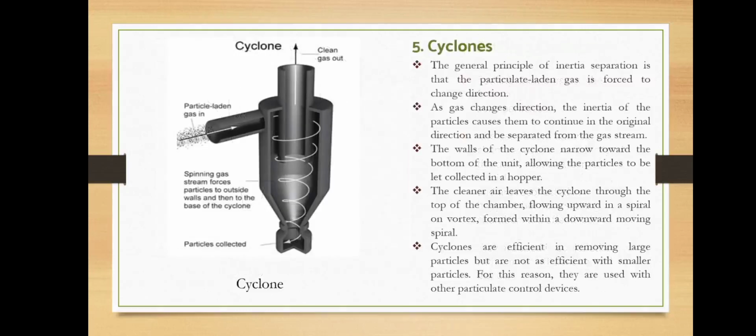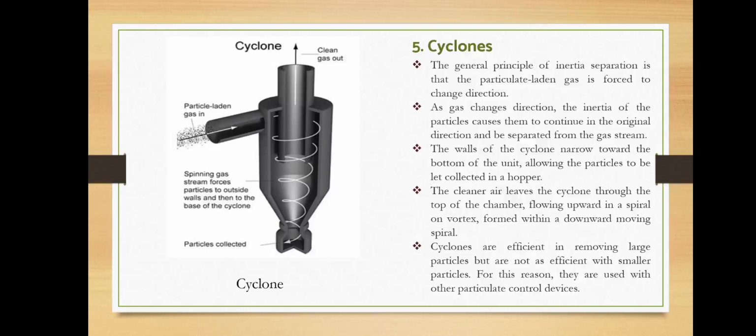And fifth is cyclones. The general principle of inertial separation is that the particulate-laden gas is forced to change direction. As the gas changes direction, the inertia of the particulates causes them to continue in the original direction and be separated from the gas stream. The walls of the cyclone narrow toward the bottom of the unit, allowing the particles to be collected in a hopper.